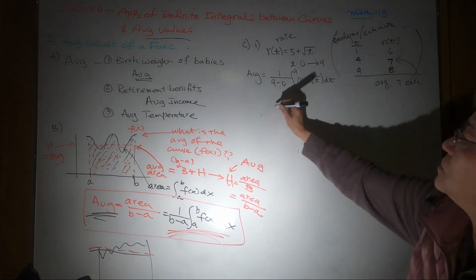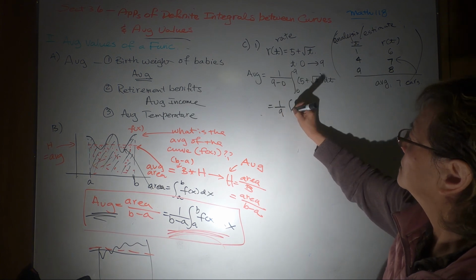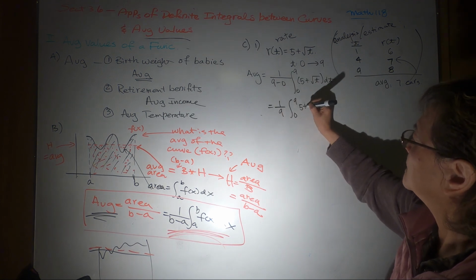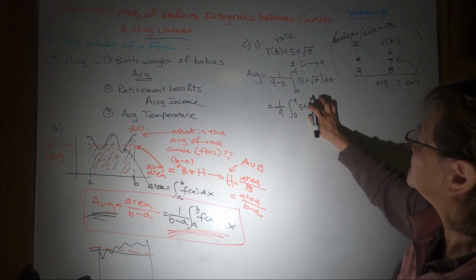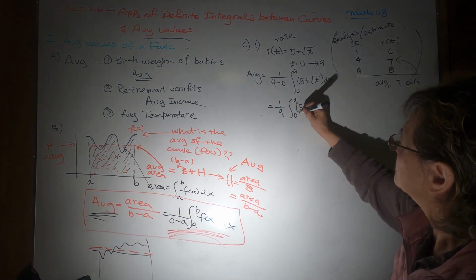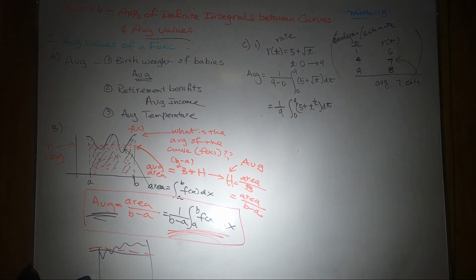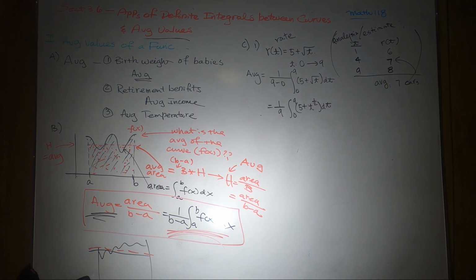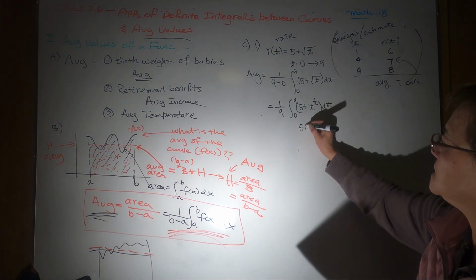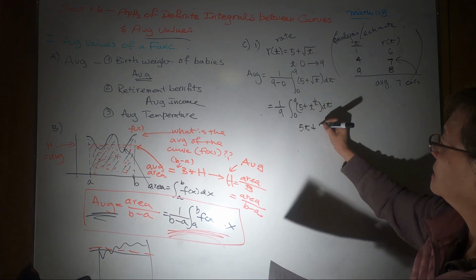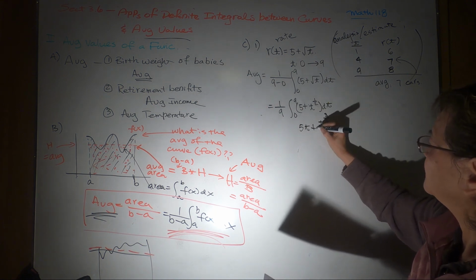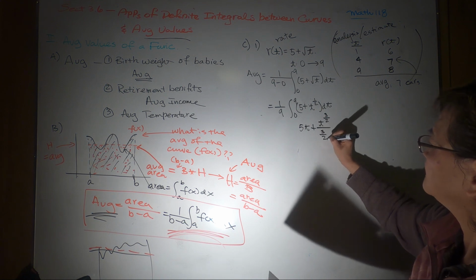Right? So what do we do? Integral of 5 plus half of t to the half power dt. Right? It's just a polynomial style function, right? Then you do the antiderivative. That would be what? 5t plus, up one level, t to the 3 halves divided by 3 halves.